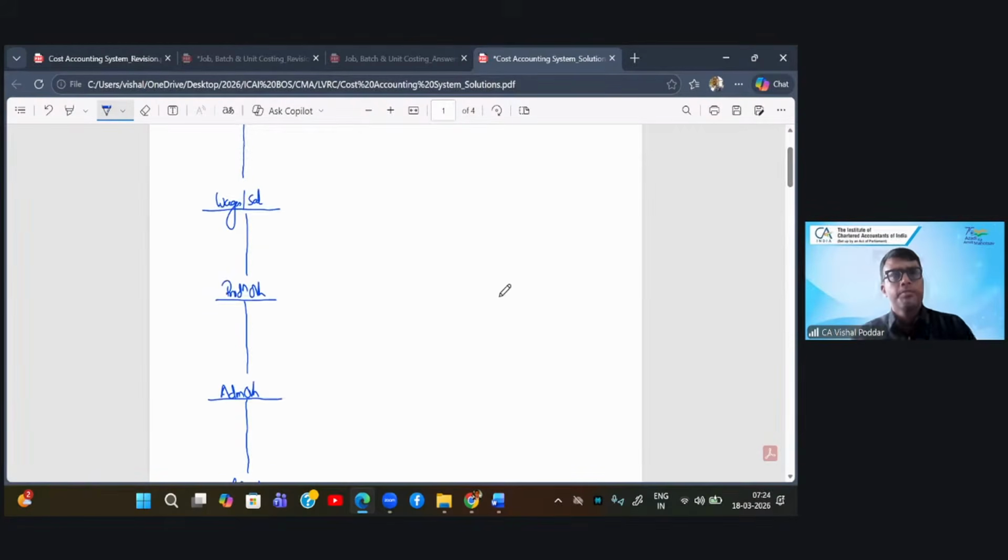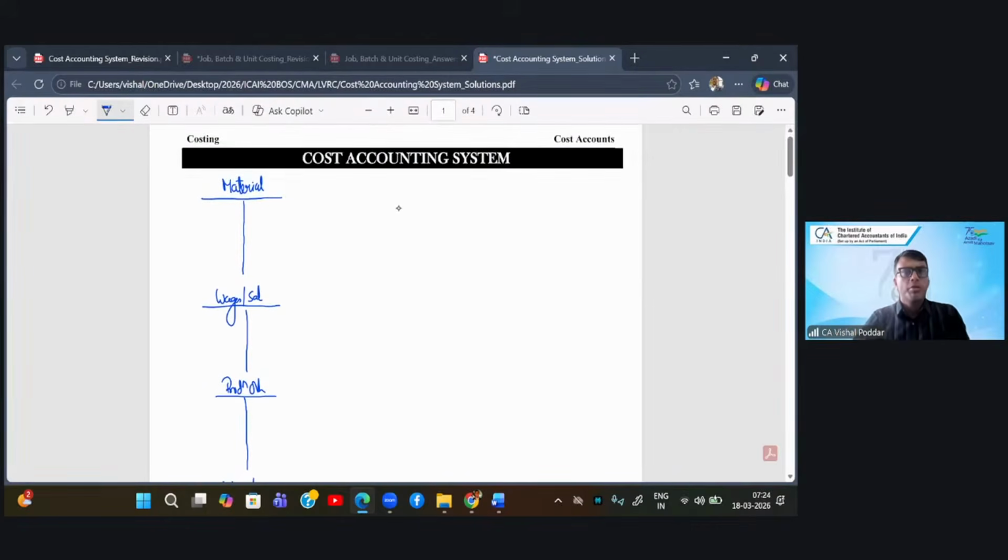Now, besides these expense accounts, we have three different accounts for every product. Keep this in mind. For every product, we have three different accounts. Now you'll say, sir, why do we have three different accounts for every product? The reason is a product, while it is getting completed, is in three stages.